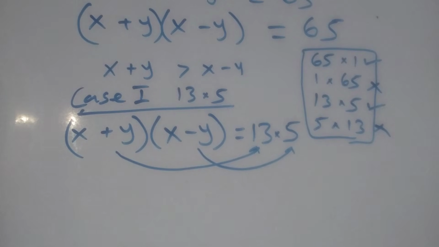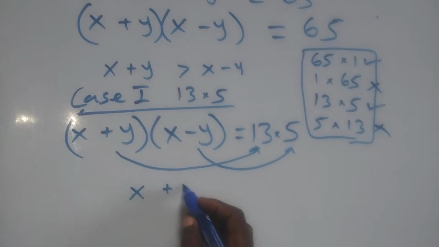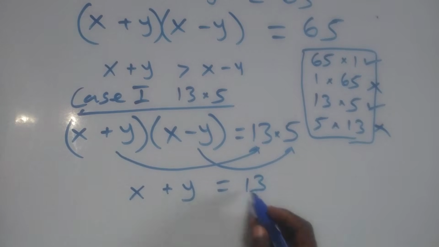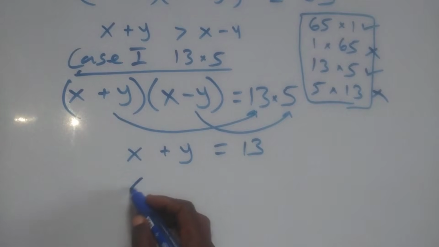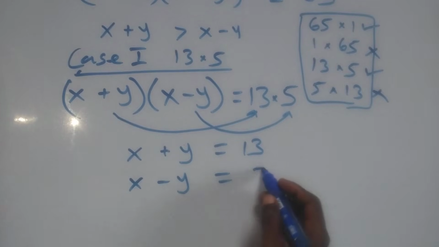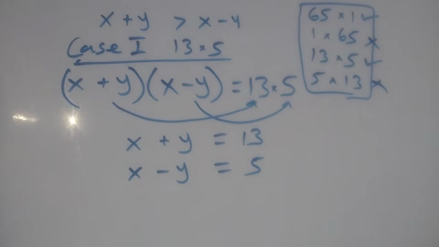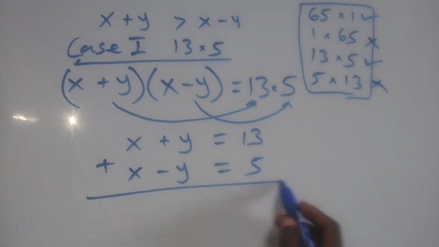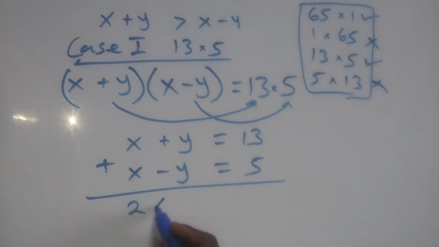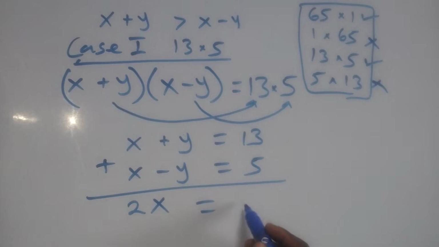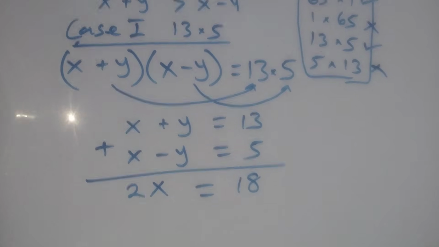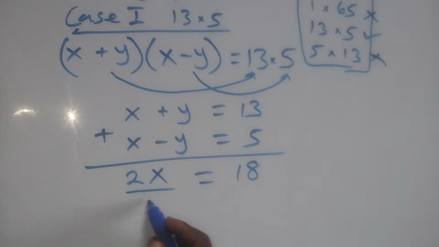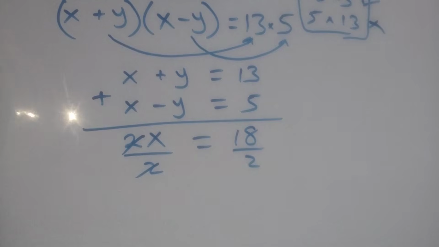So we have these two equations, x plus y equals 13 and x minus y equals 5. Solving simultaneously, we add to eliminate y: x plus x, 2x, equals 13 plus 5, equals 18. Divide both sides by 2, the 2s cancel, and we have x equals 18 over 2, that's 9.